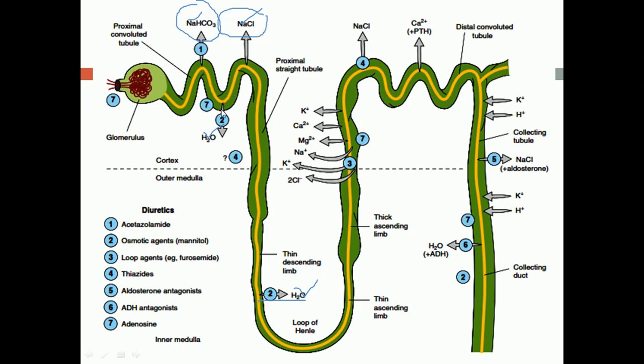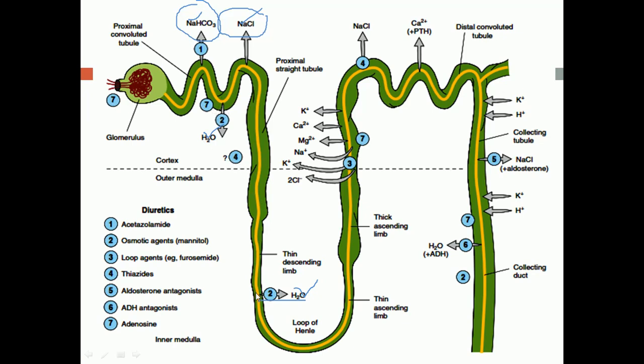Some of the loop diuretics also act on the proximal convoluted tubule to block water reabsorption. Well, some of you can say diuretics like adenosine antagonists can also cause blockage in the glomerulus or in the proximal convoluted tubule.